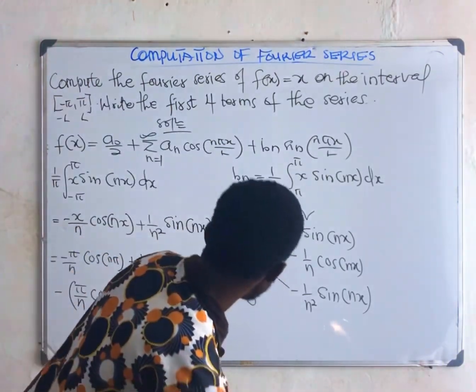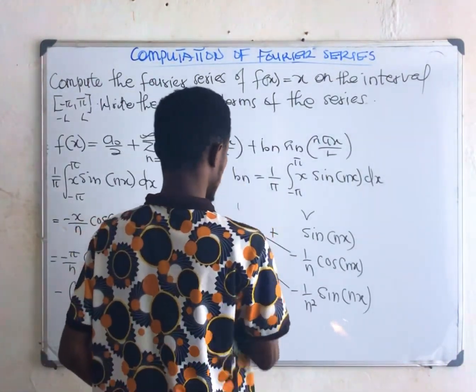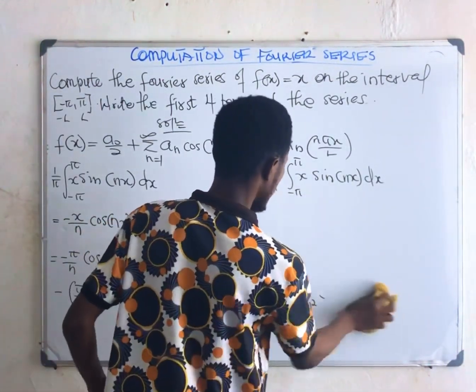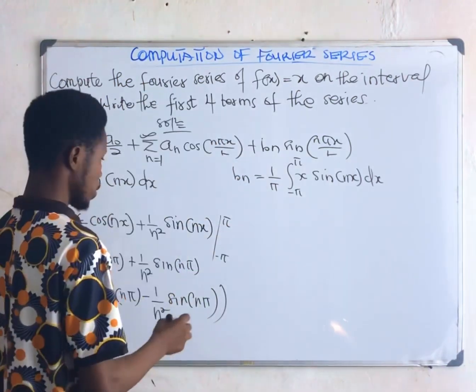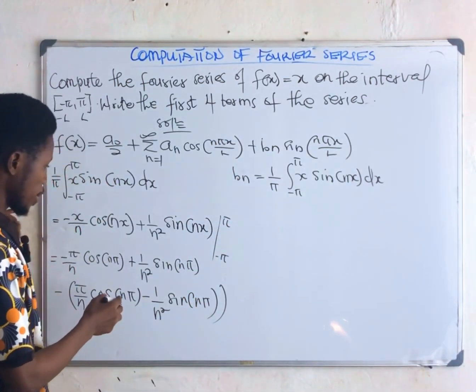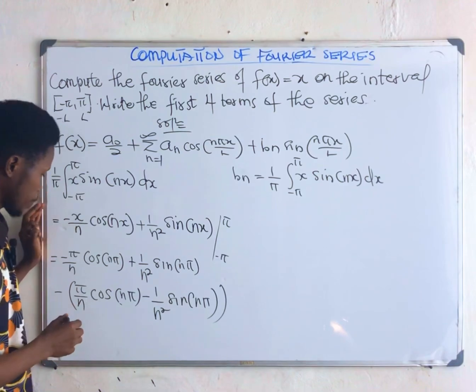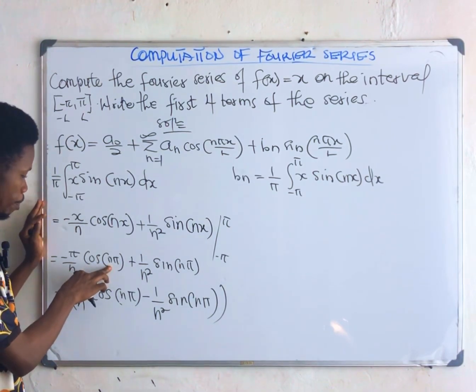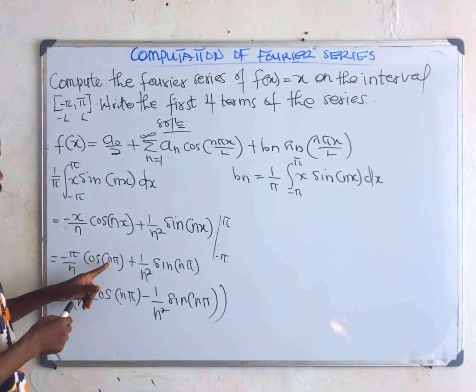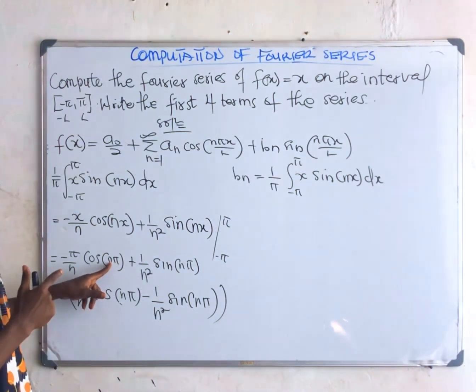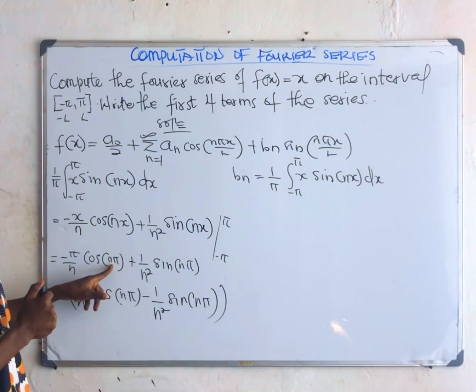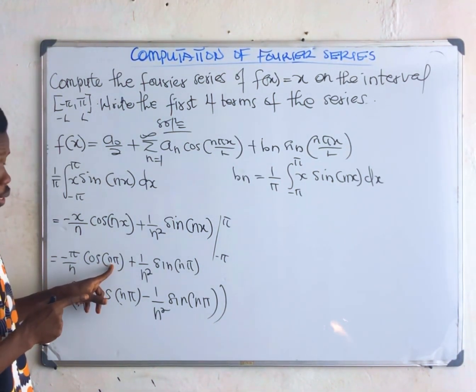Now can I clean this side? Okay. Here, I want to show you something. See, this is n pi. Now let's test when n is 1. When n is 1, you get cos 180, which is negative 1, right?